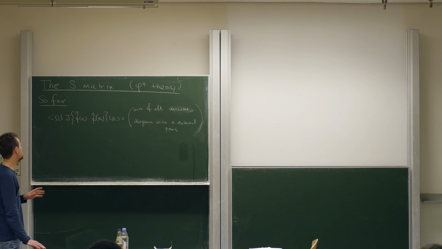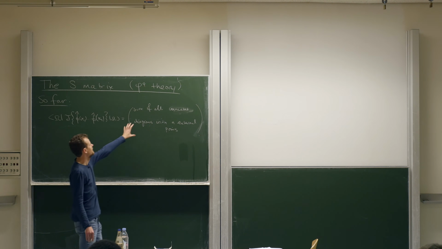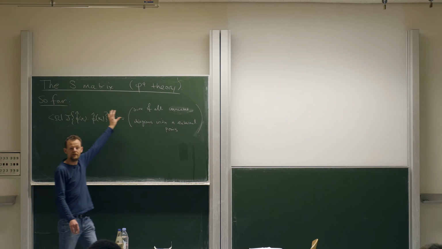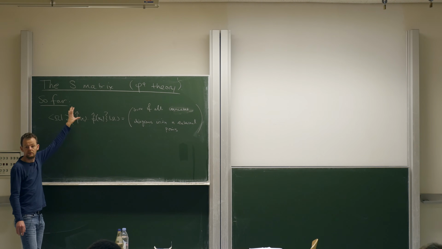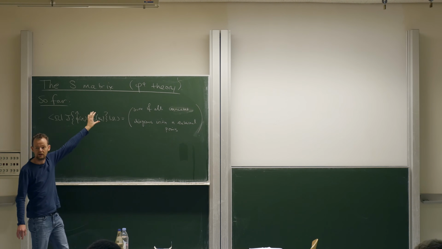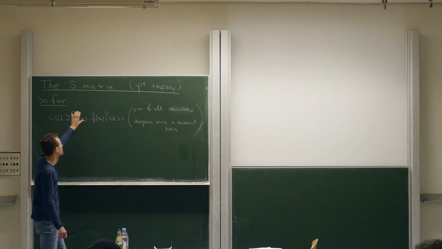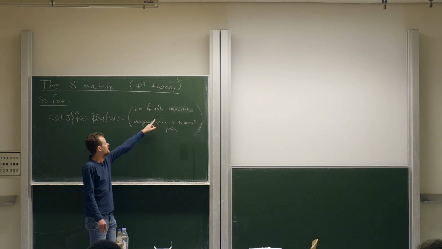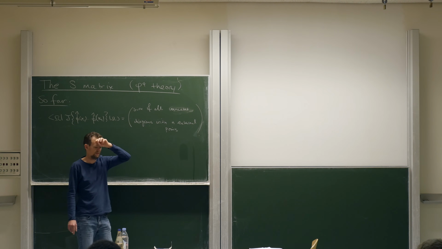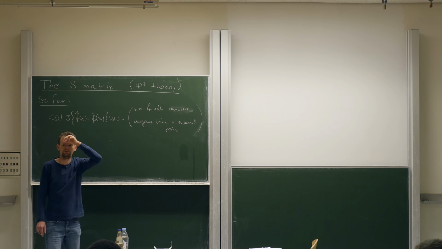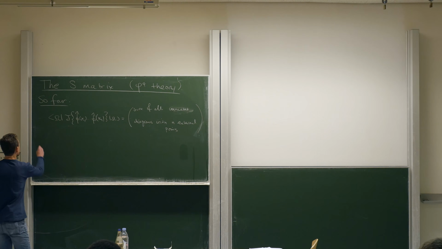But for now, we're just going to have to accept that this is a calculational tool that's somewhat motivated by the actual mathematical apparatus that we put into this calculational tool. But we're not quite ready to use this in an actual calculation because even simple processes seem to give infinities. So I'll give you an example.